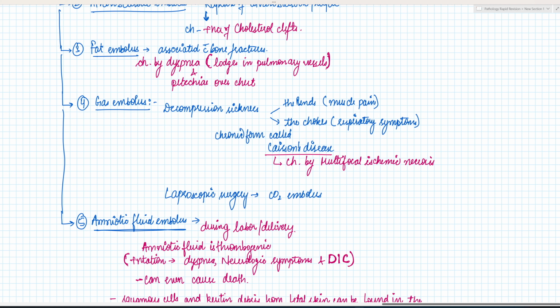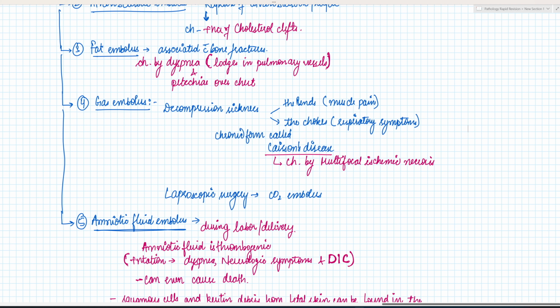If this keeps on happening, the muscle and the respiratory systems will get affected each time, and ultimately this will set into multifocal ischemic necrosis.